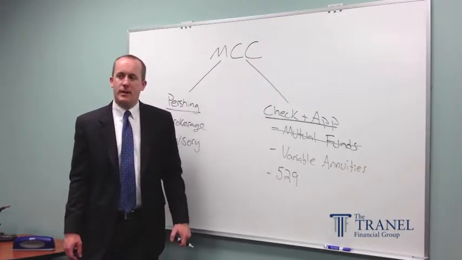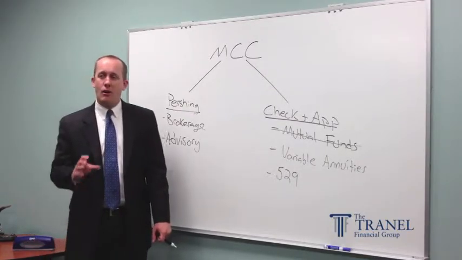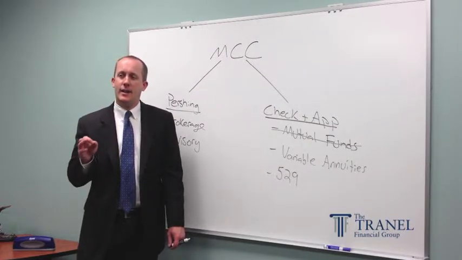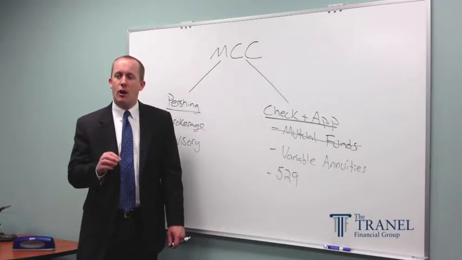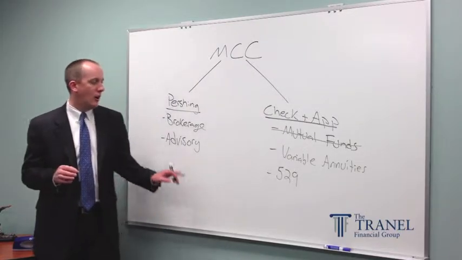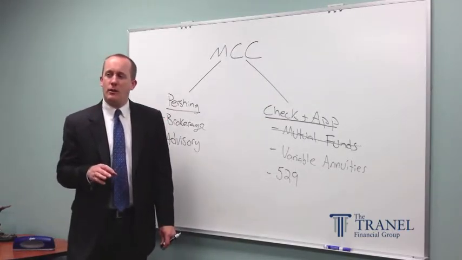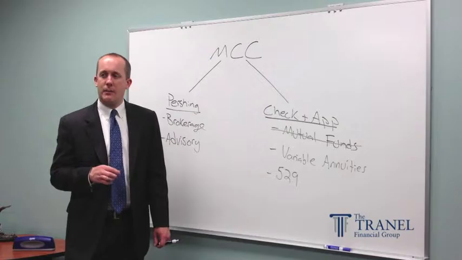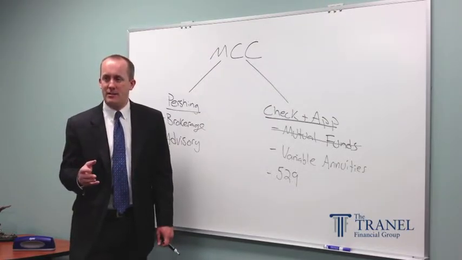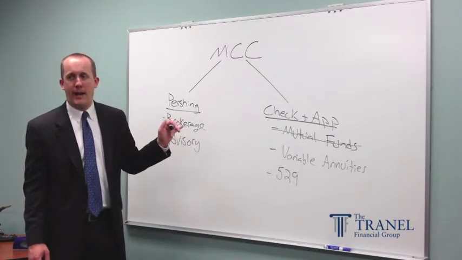529 plans are somewhat similar with the idea that there are two big providers currently, John Hancock and American Funds, that are offered as 529 college savings plans on the Pershing platform. The smaller 529 outfits like Bright Directions, Bright Start, etc., EdVest, those smaller companies are not available yet on the Pershing platform.